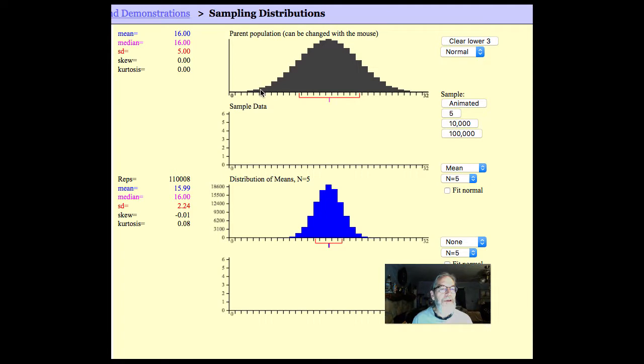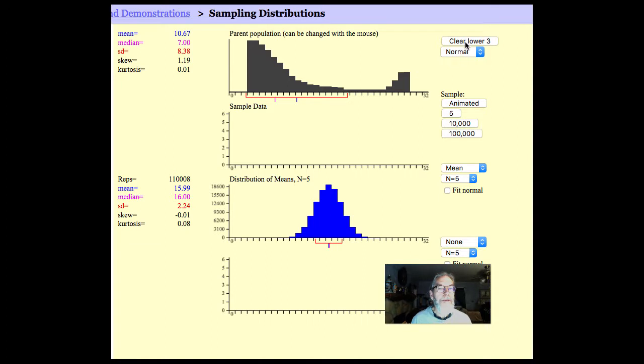So let's see if I can start messing with this. I'm just playing around, trying to make something that does not look at all normal.